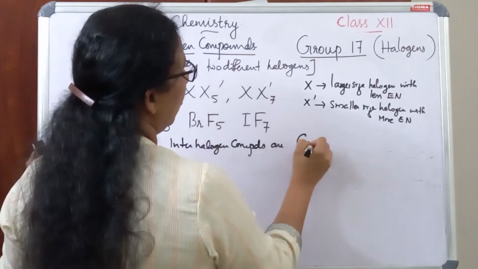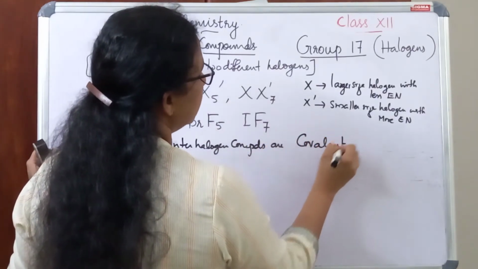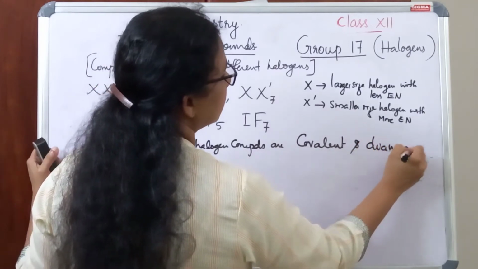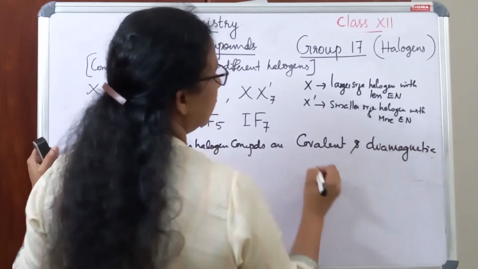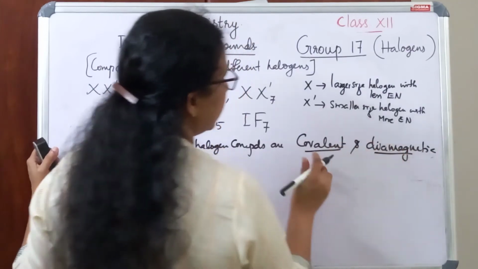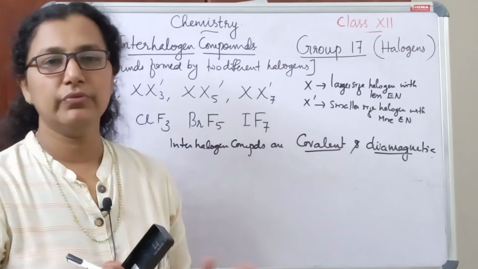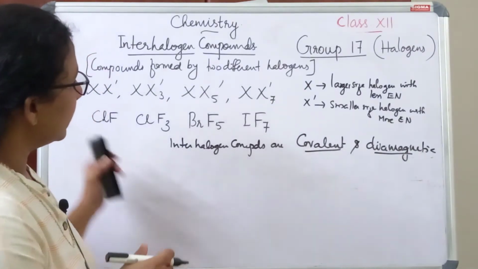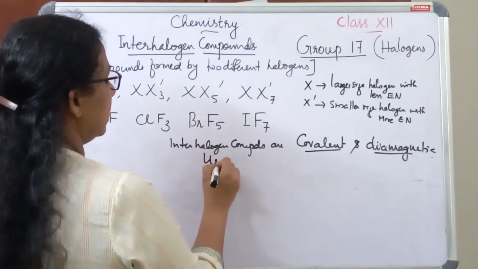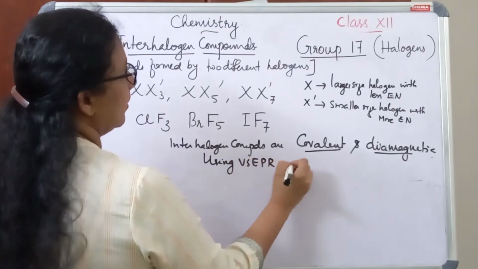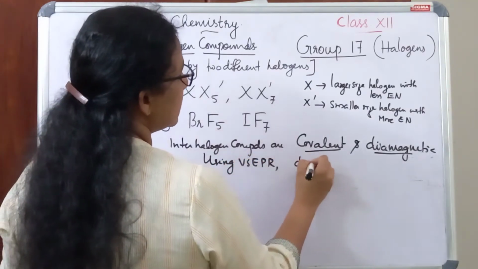They are diamagnetic in nature. So since they are covalent in nature, we can deduce the shape of different interhalogen compounds using VSEPR theory.